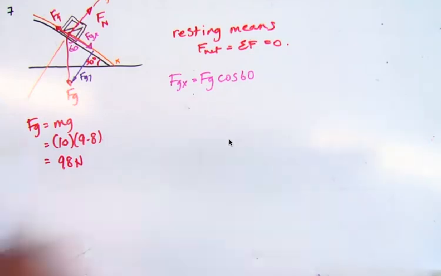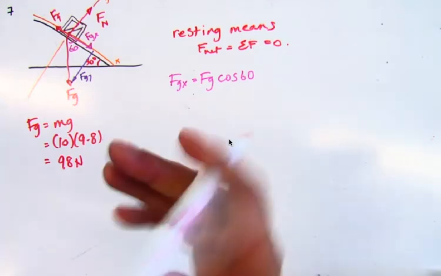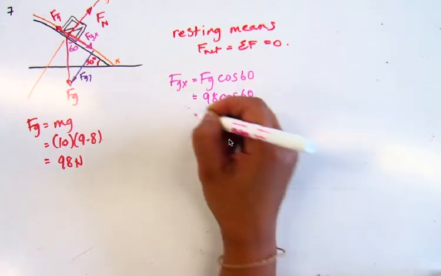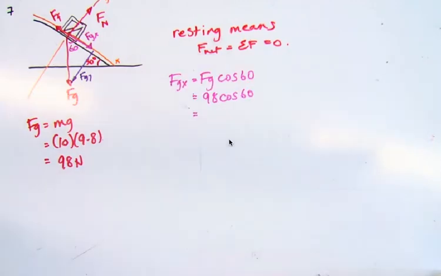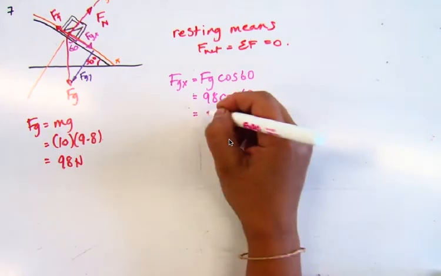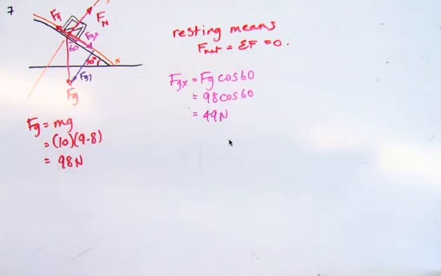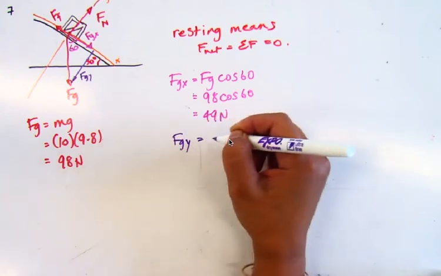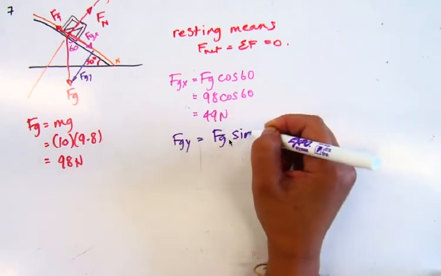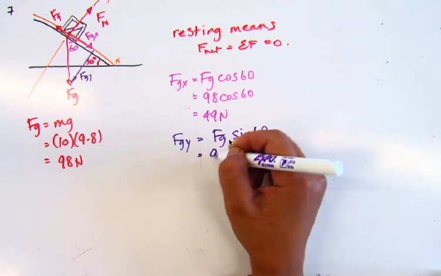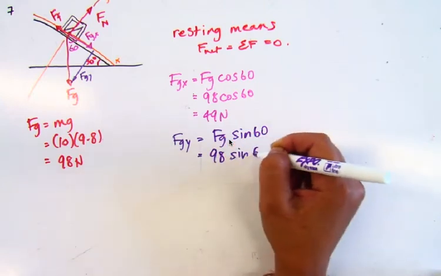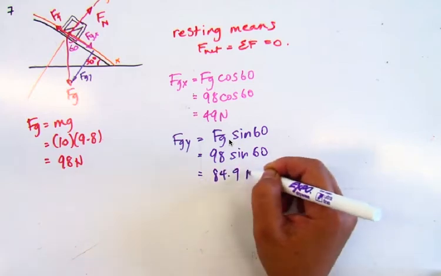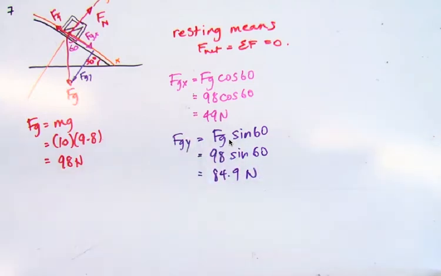So using that in here, we have 98 cosine of 60, that works out to 49 newtons, I believe. Okay, so then finding the y component, FGY equals FG sine 60, which equals 98 sine 60. So this works out to about 84.9 newtons. And so we found our x and our y components.